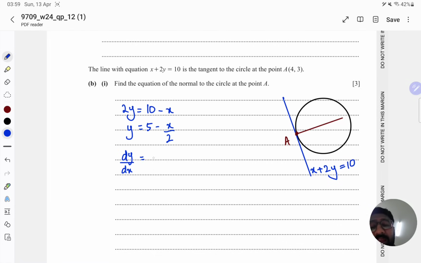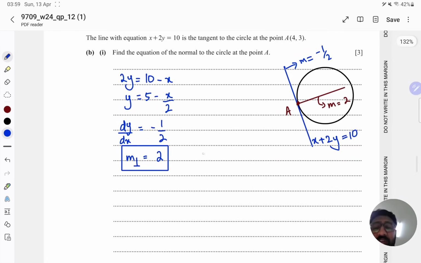So dy by dx is minus 1 by 2. So the gradient of this specific line, the blue line, is minus 1 by 2. So the gradient of the normal line will be plus 2. Gradient of the perpendicular or normal line will be plus 2.